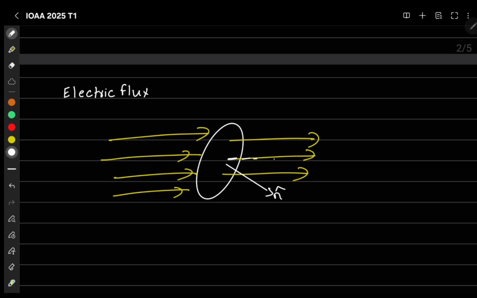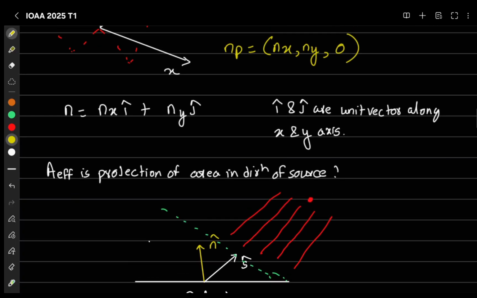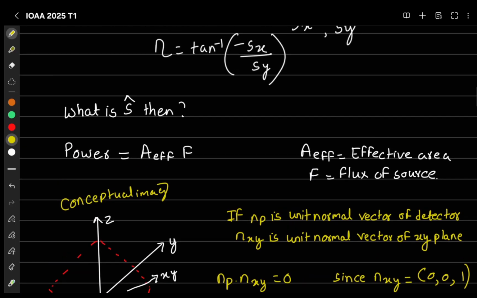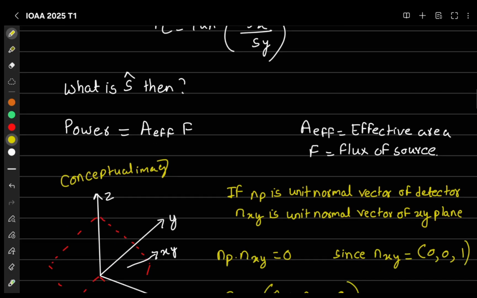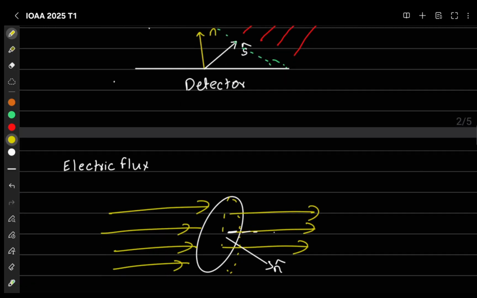Now you take a dot product of the area with the electric field to find the electric flux. It is simply saying that I am finding a projection in the direction of the electric field. Similarly, now there is an angle between my detector and the source, so for that, I need to find the effective area.